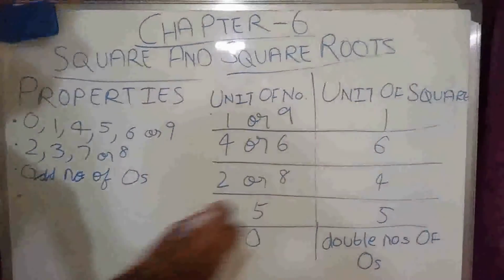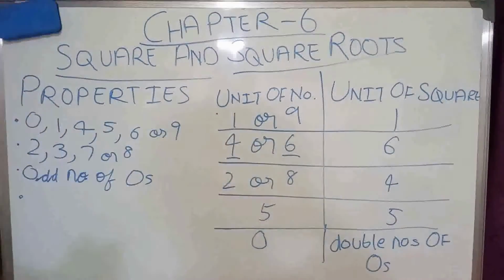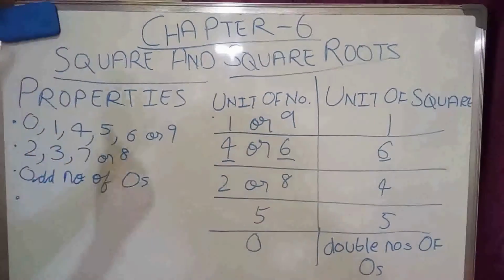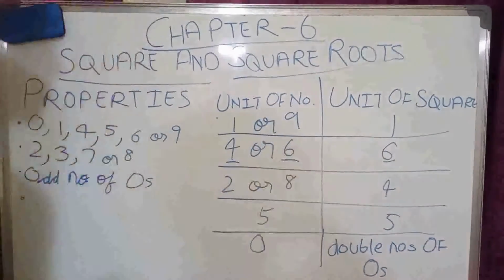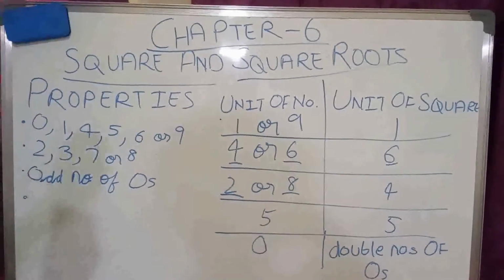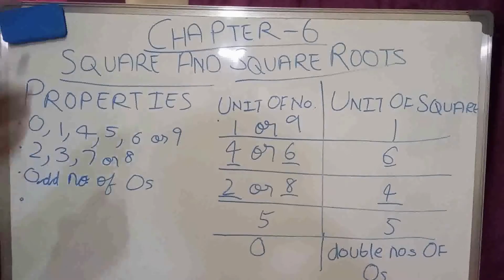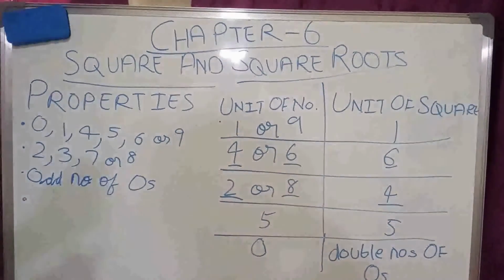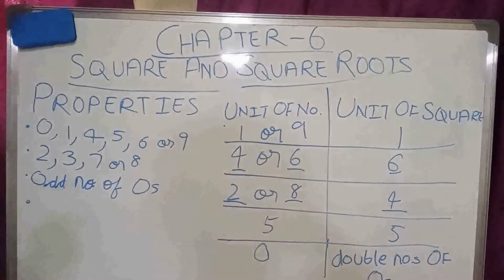How we have seen here: if any number ends with 4 or 6, then its square ends with 6. So the number ending with 4 or 6 will be even, and its square ends with 6, so it will be an even number. Then if it ends in 2 or 8, then its square will also end in 4. So all these three are even. That means the square of any even number will always be an even number.